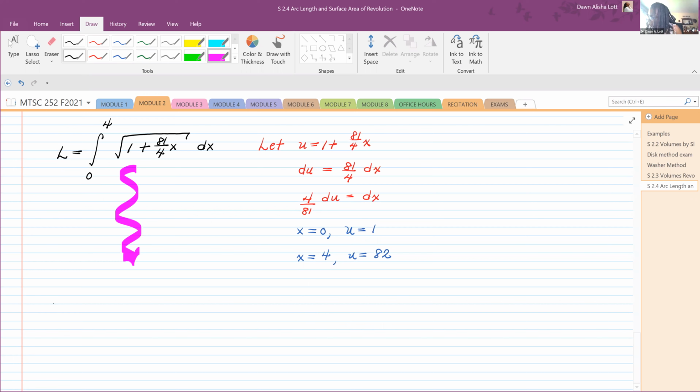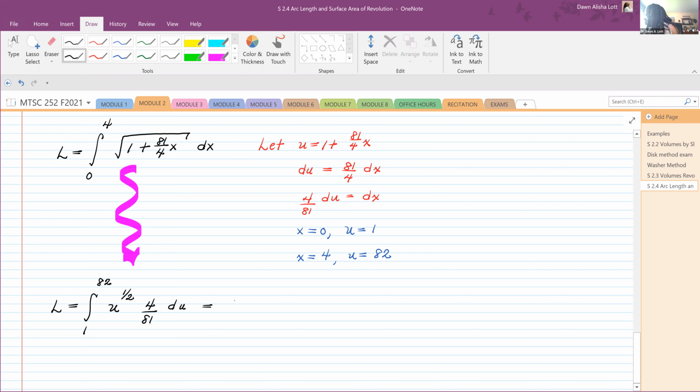So L is the integral from 1 to 82. The square root of 1 plus 81 over 4 x is just the square root of u, which is u to the 1/2 power. And then dx becomes 4 over 81 du.